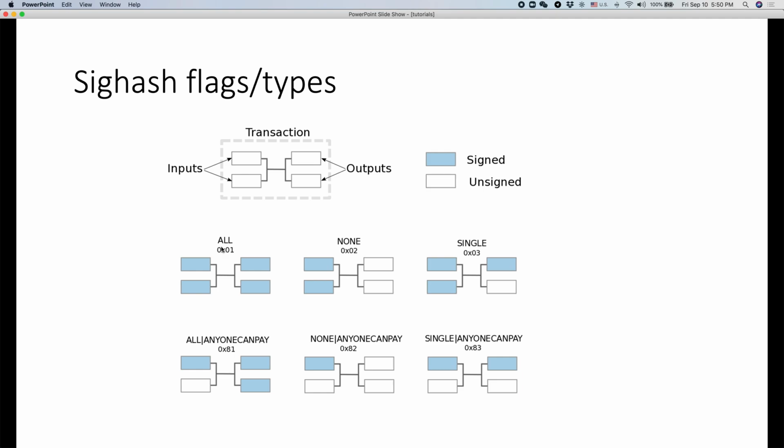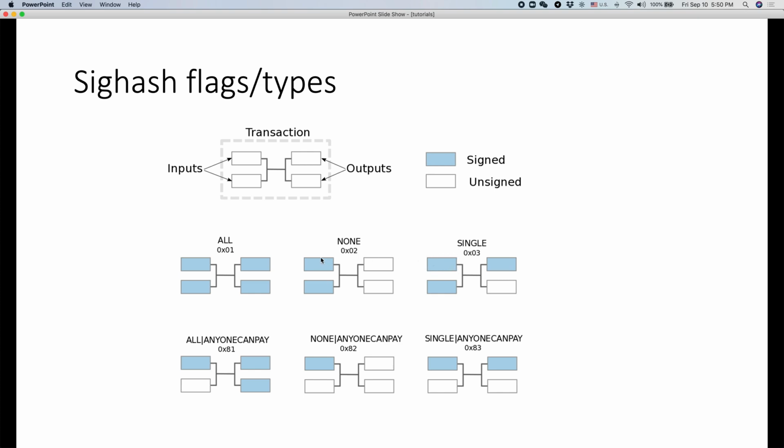What if we use none? Then the preimage covers all the inputs but none of the outputs. How about single? You cover all the inputs and one more output, which is the one with the same index as the input of the contract we are trying to unlock from.